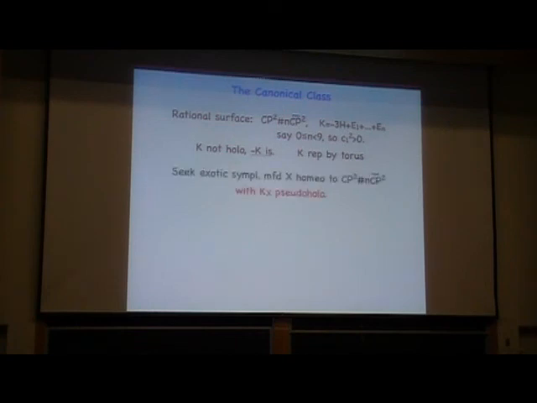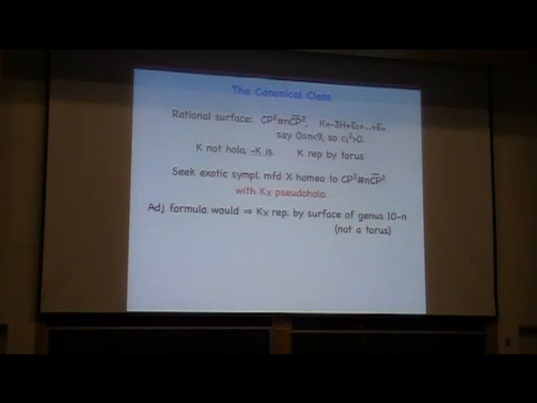But what we're looking for instead is an exotic symplectic manifold, homeomorphic to CP2 blown up this many times, but now with the canonical class pseudo-holomorphic rather than minus the canonical class pseudo-holomorphic. And in this case, the adjunction formula would tell you what the genus of such a surface would be, and it would be 10 minus n.